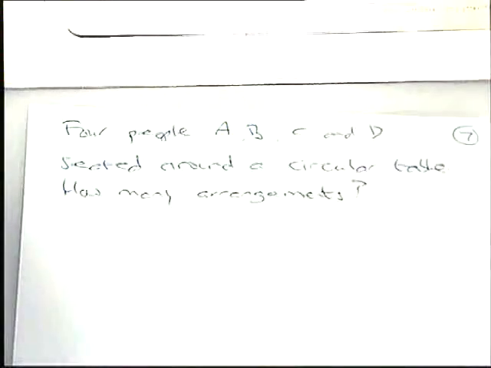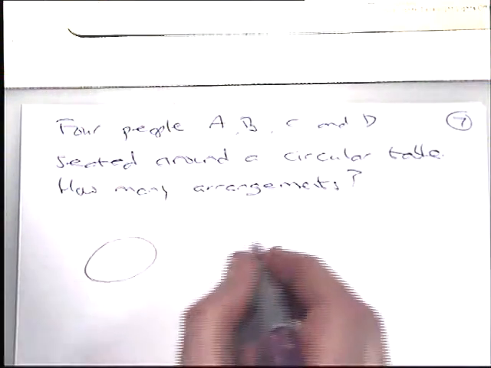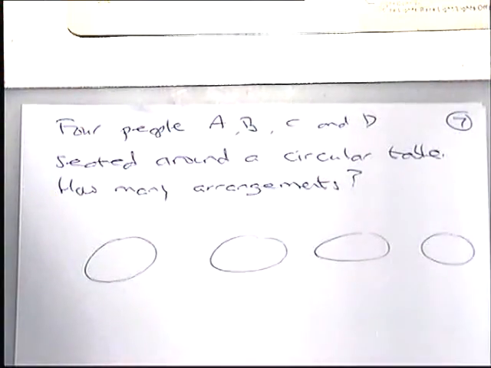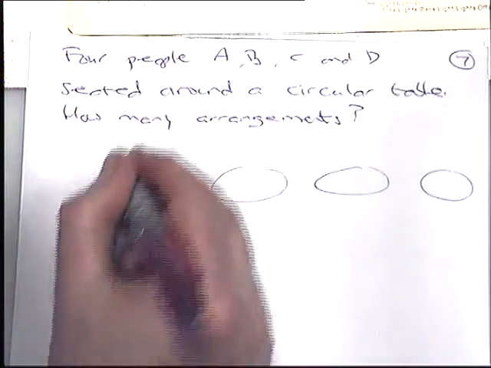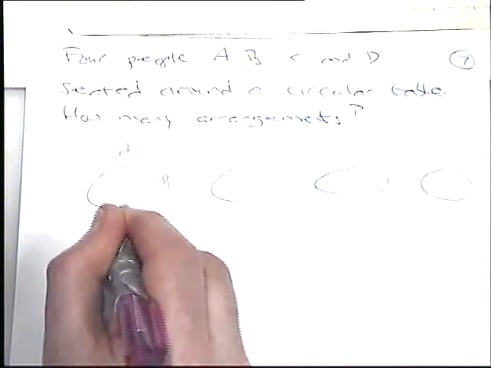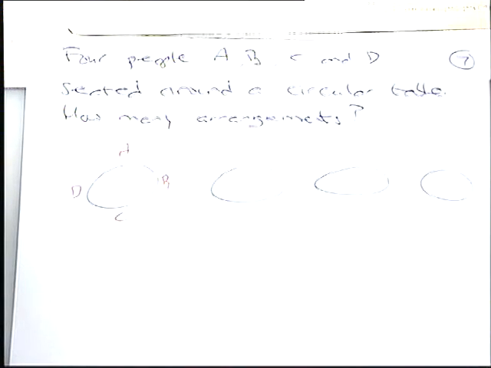Is it 4 factorial? Let's just start off by drawing 4 lovely round tables and putting on this table A, B, C, D to start with.